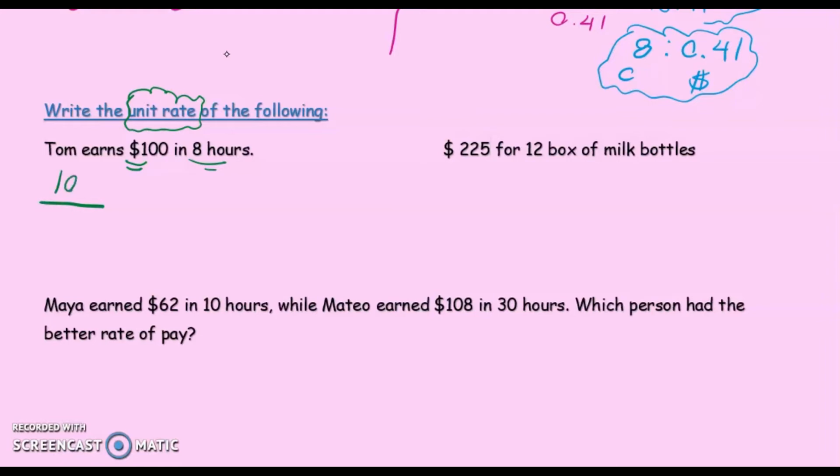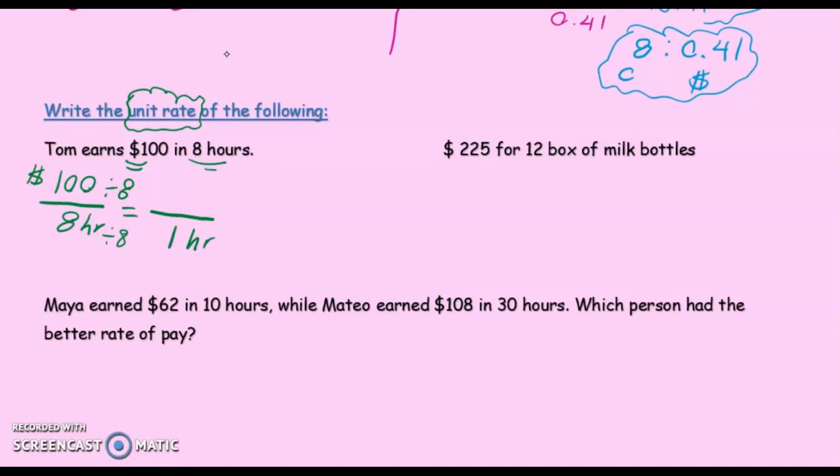So Tom earns $100 if he works 8 hours. Okay, so again, because the question asks for the unit rate, when you see unit rate, the denominator should change to 1. So to do that, I have to divide top and bottom by 8 to get rid of the denominator. 8 by 8 would be 1 what? 1 hour.